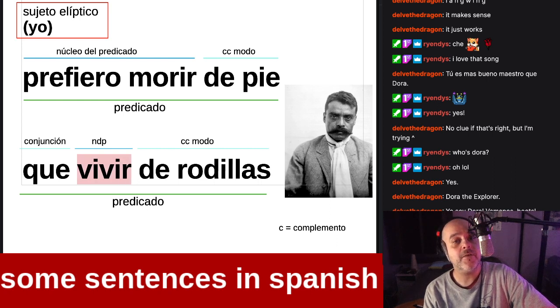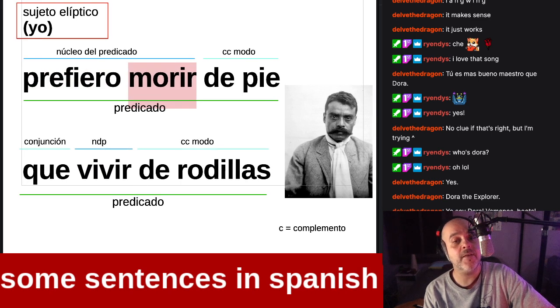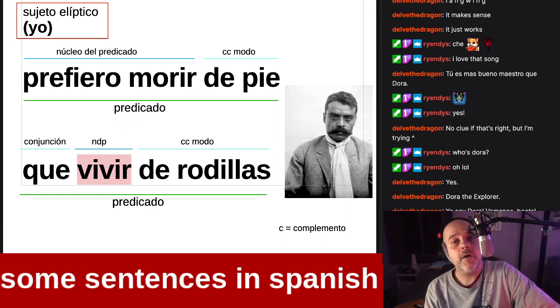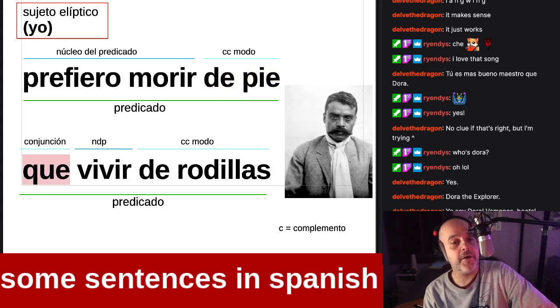So this is the nucleus of the predicate, prefiero morir, of the first predicate, and this is the núcleo of the second predicate, vivir. And complemento circunstancial de modo, circumstantial complement of mode, which is standing. La conjunción, which is than, it's the preposition, rather this than that.